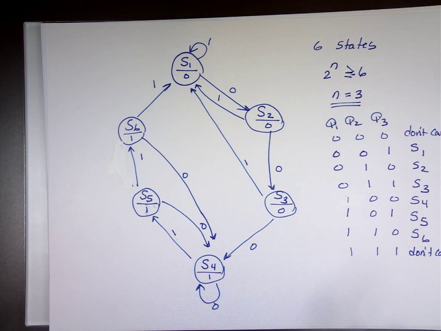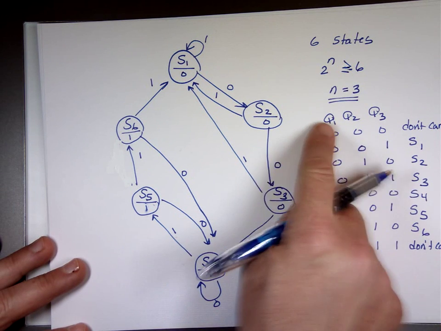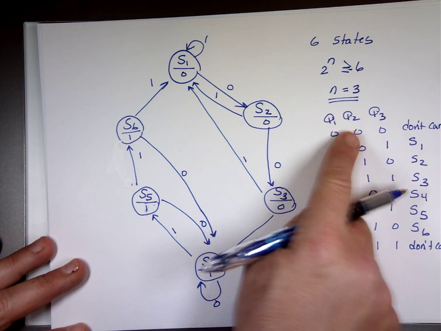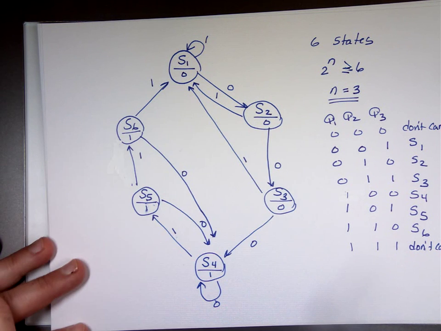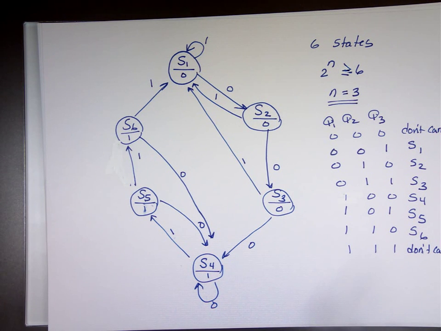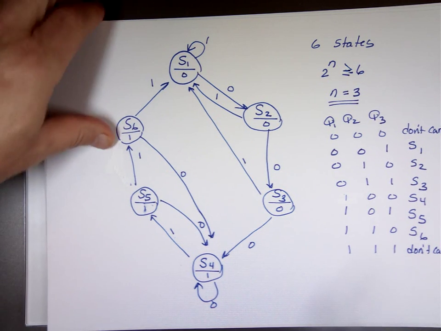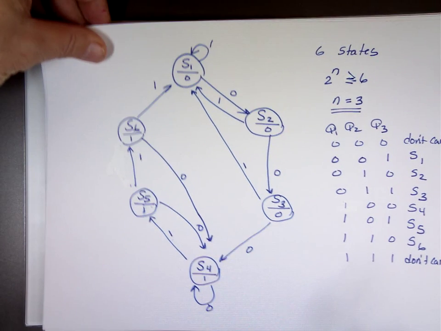So we actually have 3 inputs, Q1, Q2, and Q3. We also have X as our 4th input. So I have 4 inputs here. So let me make my state table now.